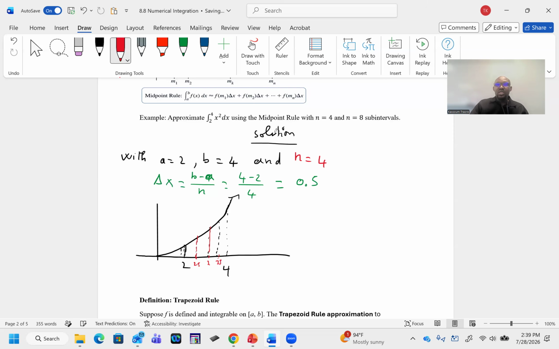But we are using the midpoint. So what will be the midpoint? The midpoint between 2 and 2.5 is 2.25, right? Because if you look, to find this area, it will be something like this.